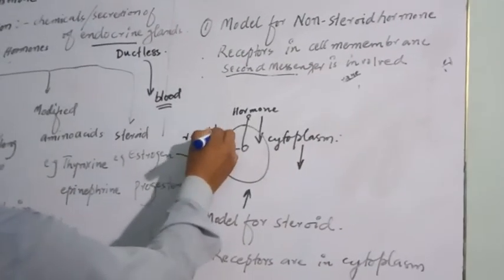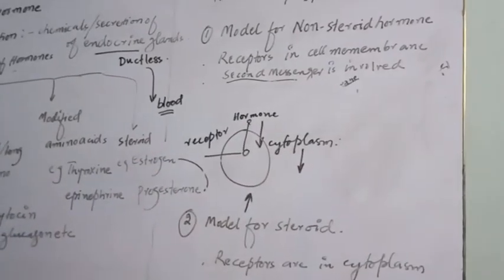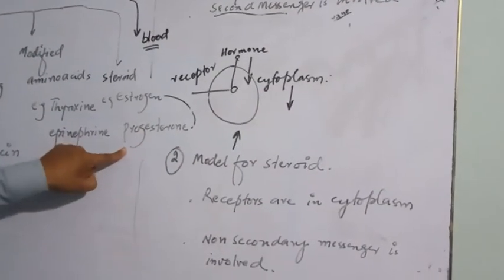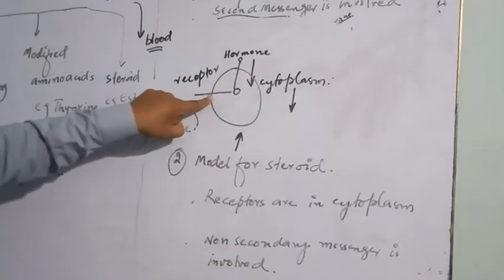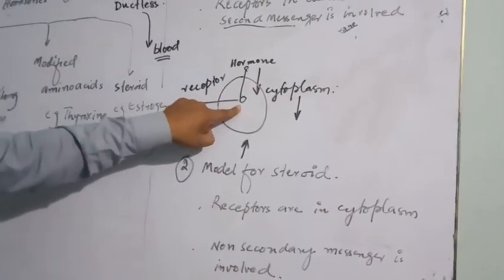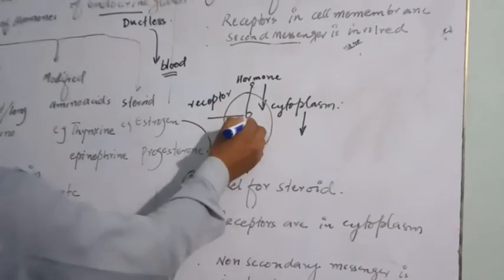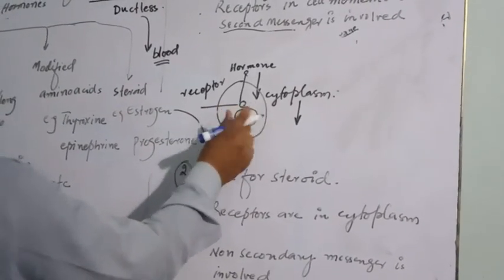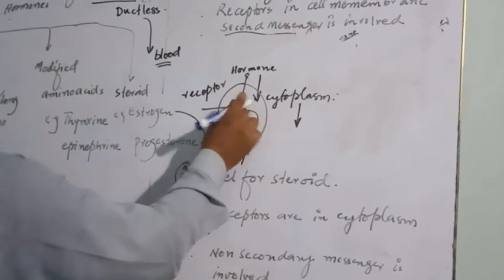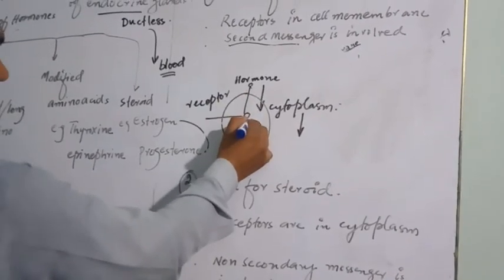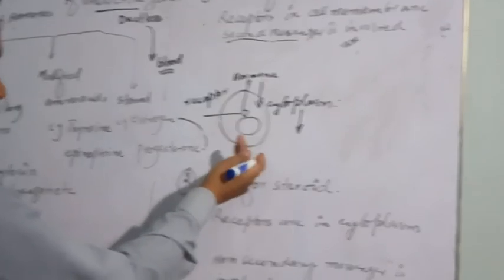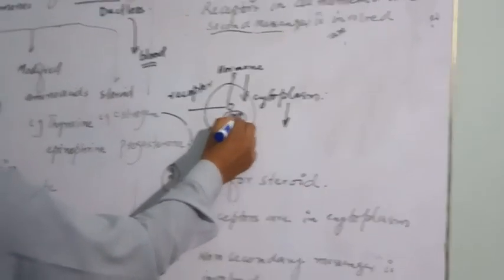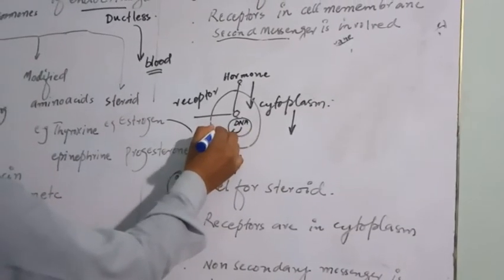This model is only for steroid hormones, that is, for estrogen and progesterone hormones, and the receptors are present only in the cytoplasm. Then the hormone will enter into the nucleus of the cell, where DNA is activated and enzymes will be formed.